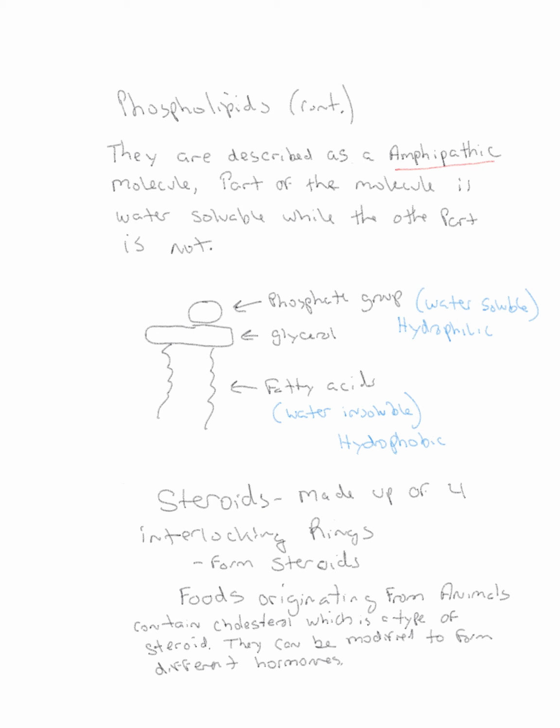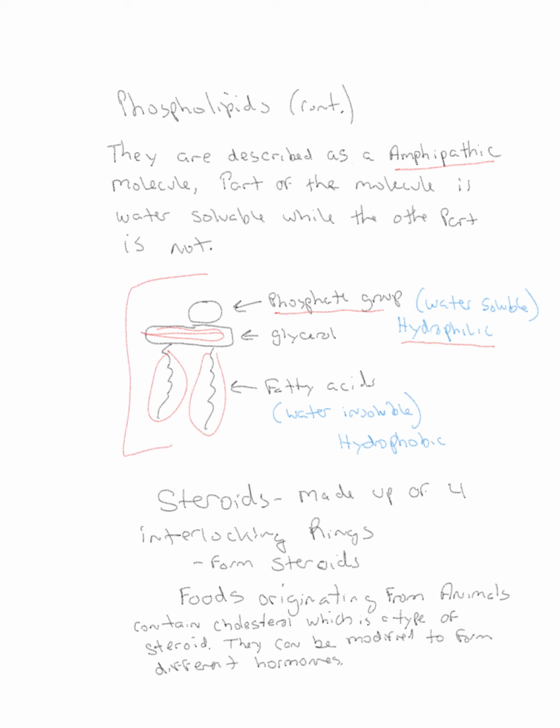So if you look at the phospholipid, I drew a picture down here. You'll see the phosphate group. This part of it is water soluble, and it's described as being hydrophilic, or water loving. The fatty acid tails, right here and here, which are bonded to this glycerol, are water insoluble.